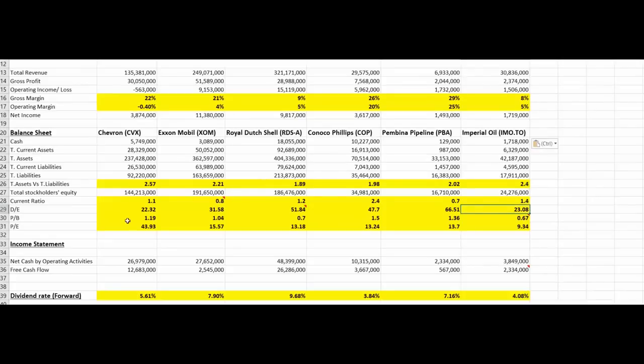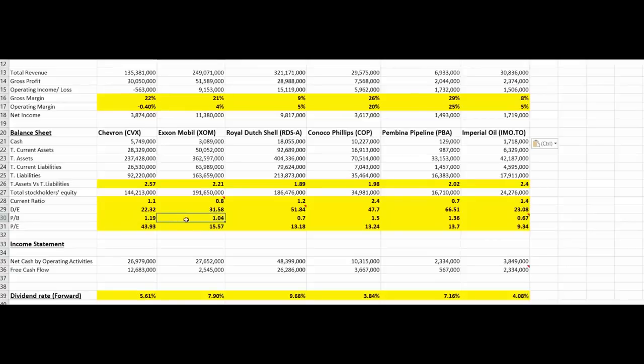Now let's move on to our next ratio, which is price to book value. This is also a really important figure for many analysts, because it tells us, in one of the ways, whether the company is undervalued or not. When this ratio is less than 1, that means you're acquiring the business under its asset value. For Chevron it's 1.19, for ExxonMobil 1.04.